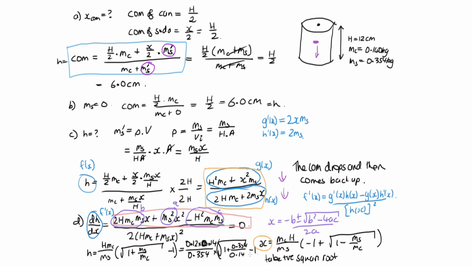Sorry, I left off the brackets around that. And then putting all that into the calculator, we end up with 4.2 centimeters. So if you got that one, congratulations. That was really very challenging with quite a few mathematical steps, but hopefully the physical reasoning about what happens makes sense.